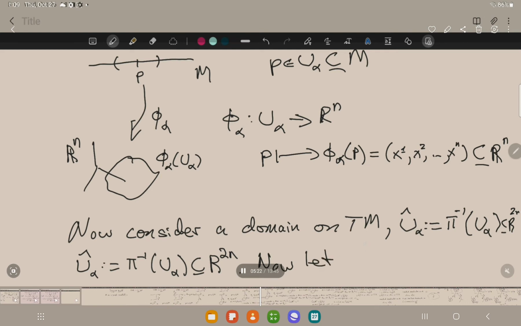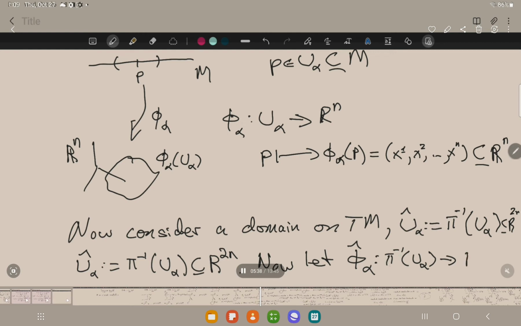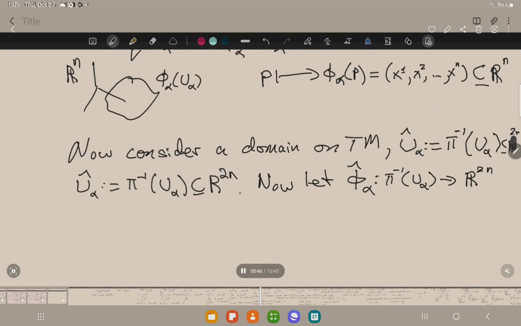Now let phi alpha hat be the induced chart. This induced chart is a mapping from a domain in the tangent bundle, which is the inverse projection of U alpha, onto R^2n.